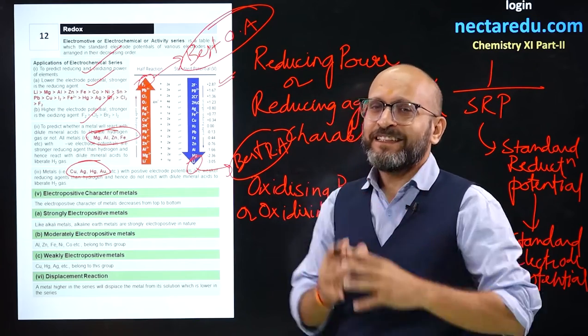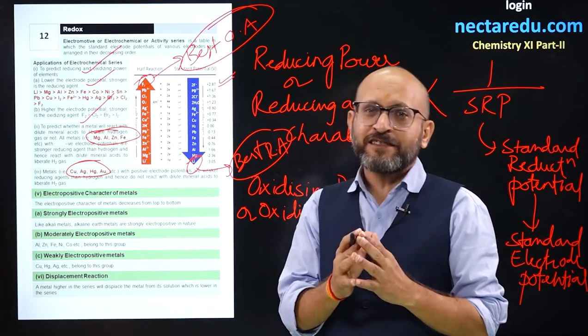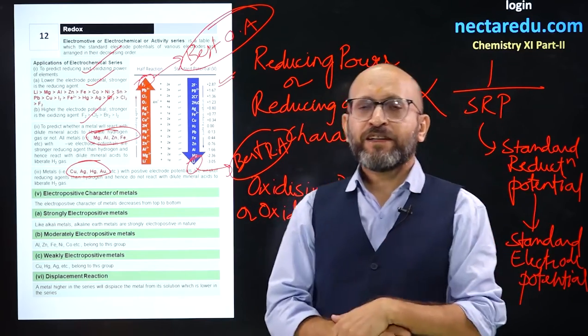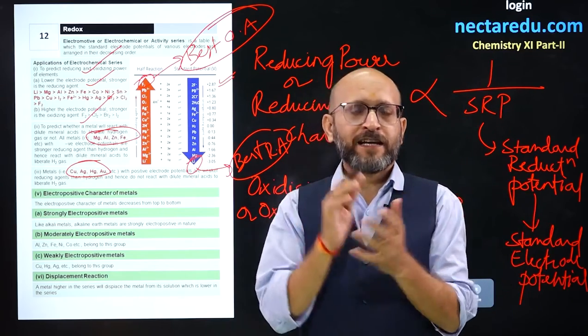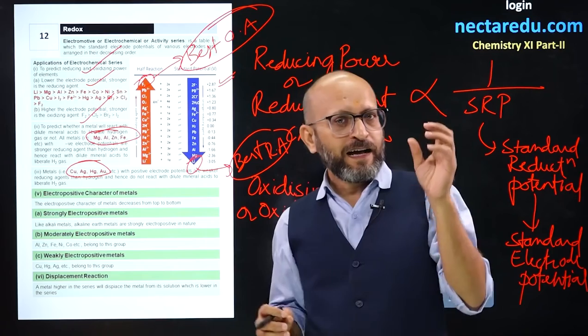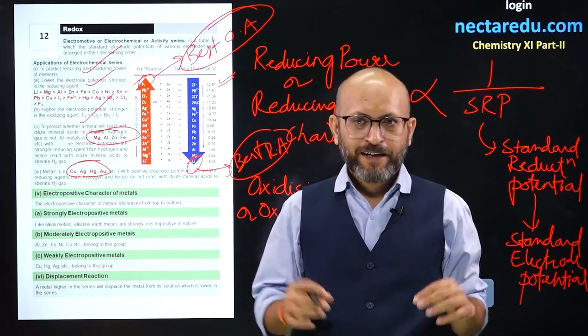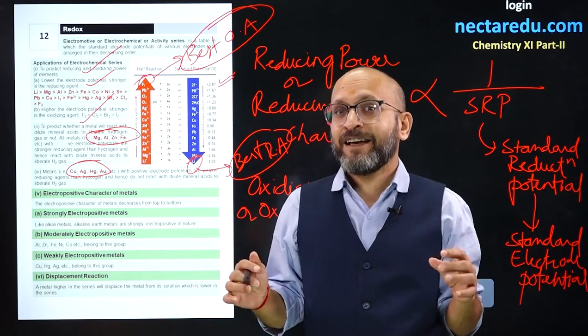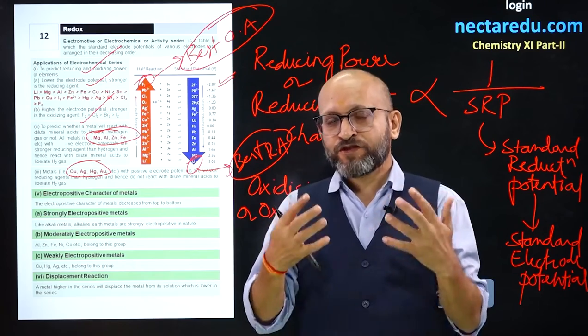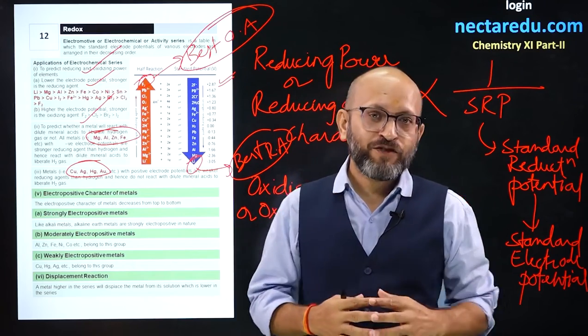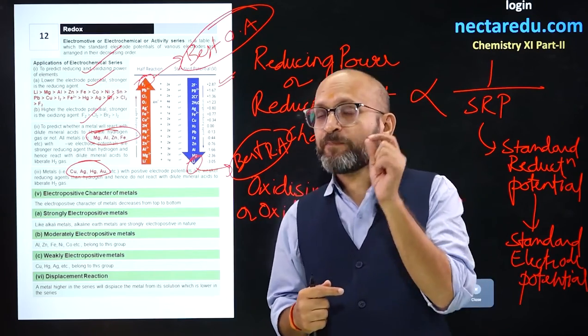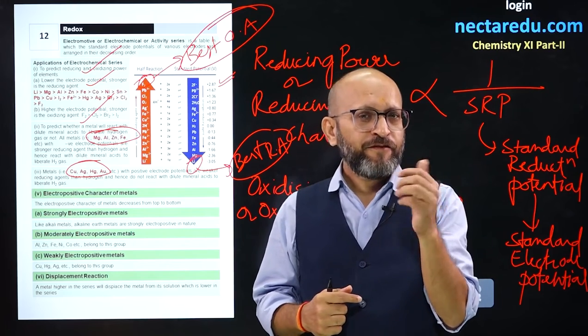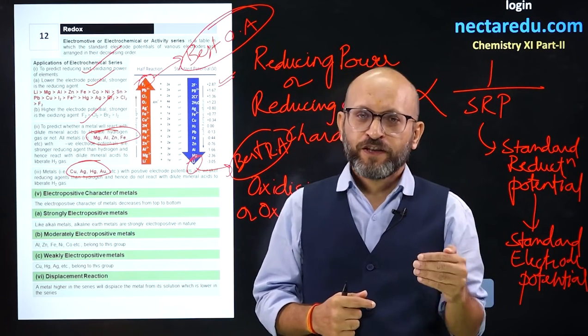So electrochemical series or activity series helps us in making many decisions. For example, if you have a copper rod and a zinc rod and you dip them in the solution of their ions, and you have to decide which should be the cathode and which the anode, you check which metal has higher electrode potential.